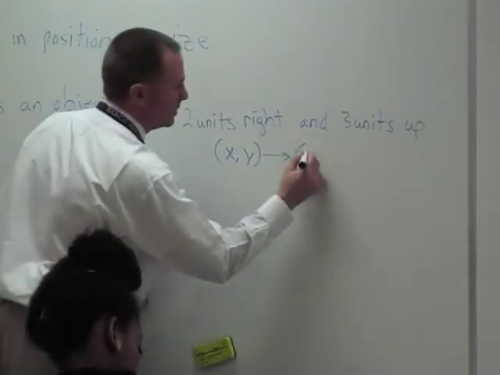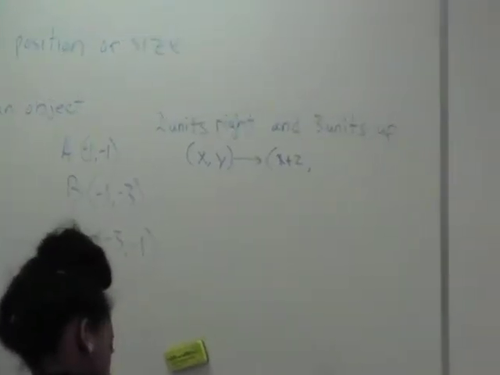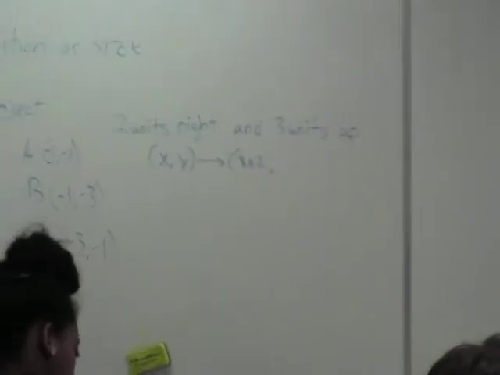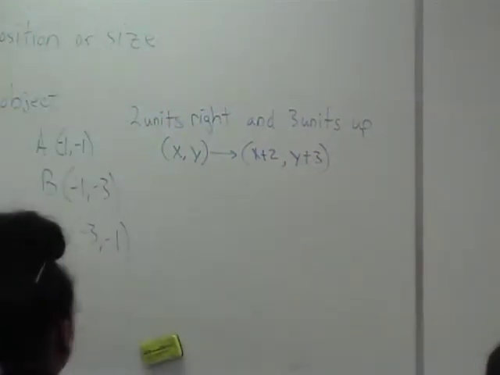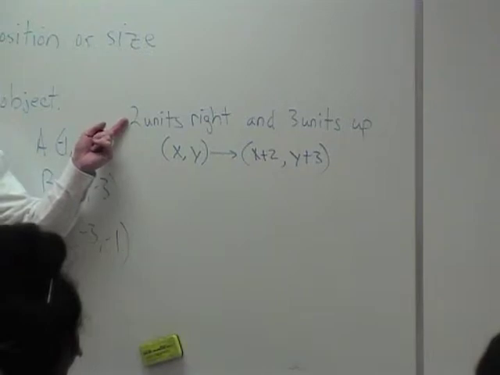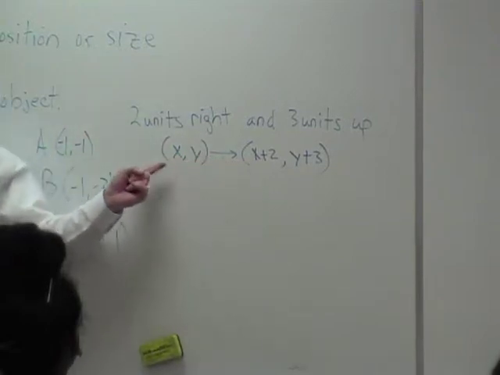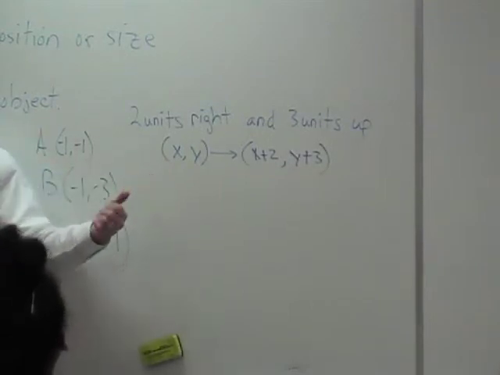We're moving it to the right, so x is +2. What's happening to y? +3. So this is what your rule would look like. If you read this as your directions and they want a rule, this is what you would write. 2 units to the right means you're going to add 2 to x because it moves it to the right too.